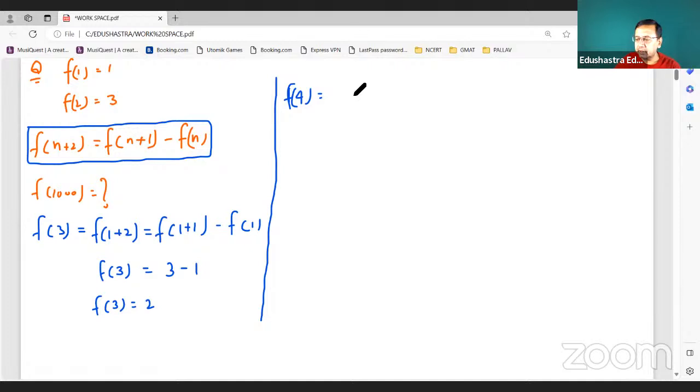So F4 is coming out to be minus 1. Tell me how much is F5? Yes, F5 is minus 3. How much is F6?